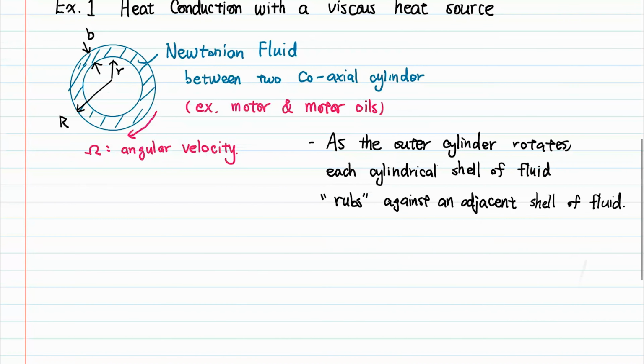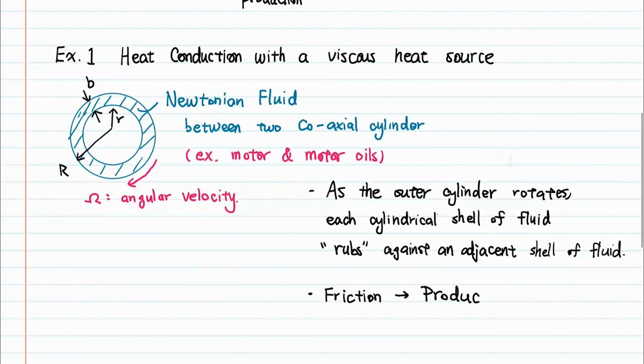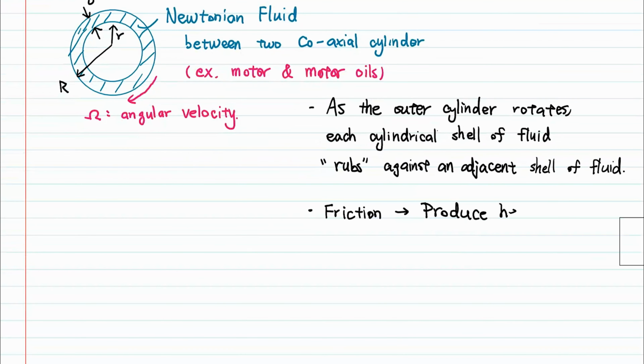Okay, and that means there's going to be friction between each layer of fluid. And when they are rubbed against each other, that is going to produce heat. So this is why we call this a viscous heating source. Produce heat.